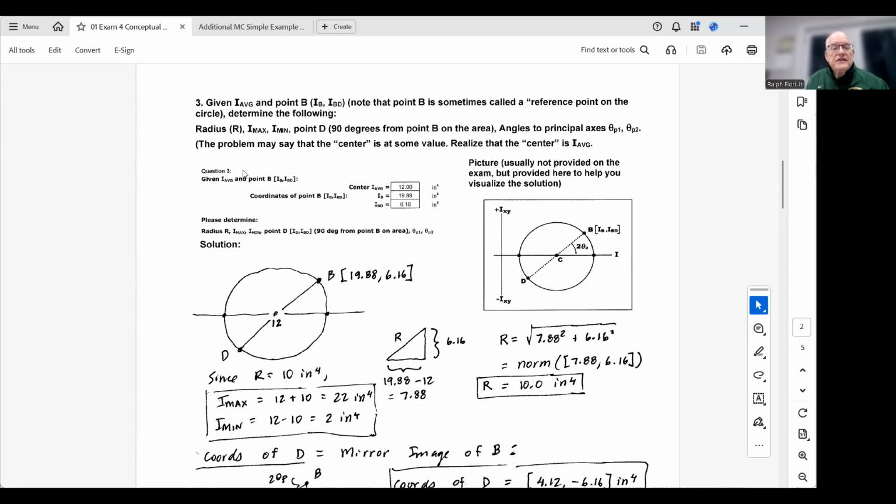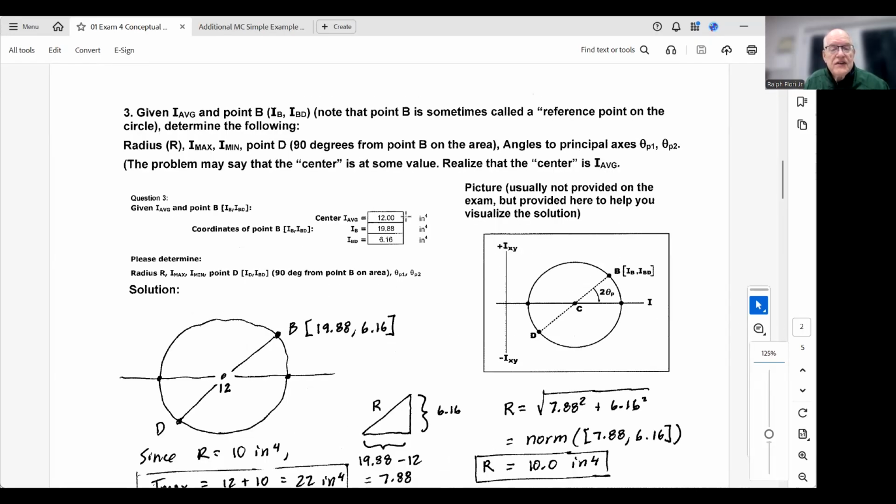So this style question gives you an I average or a center. It says point B is at some point, and sometimes B is called a reference point on the circle. And so it's just some point located on the circle. And so if you have a center and a radius, or it gives you a center and the coordinates of B, in this particular example, it gives the center, which is I average, is 12.